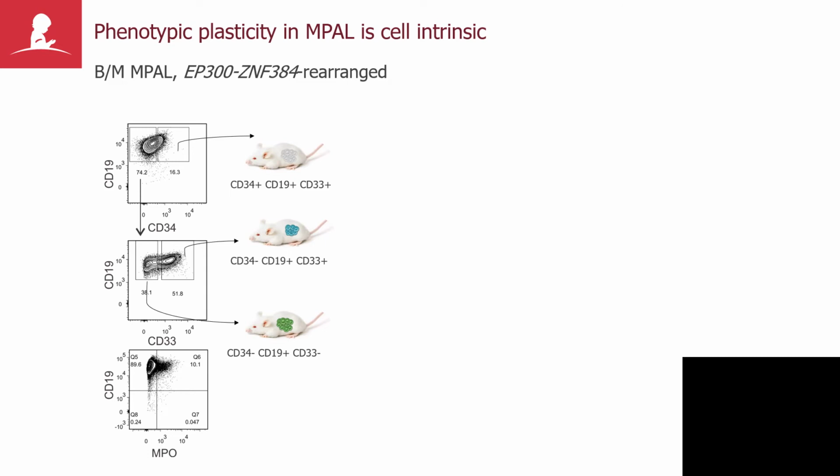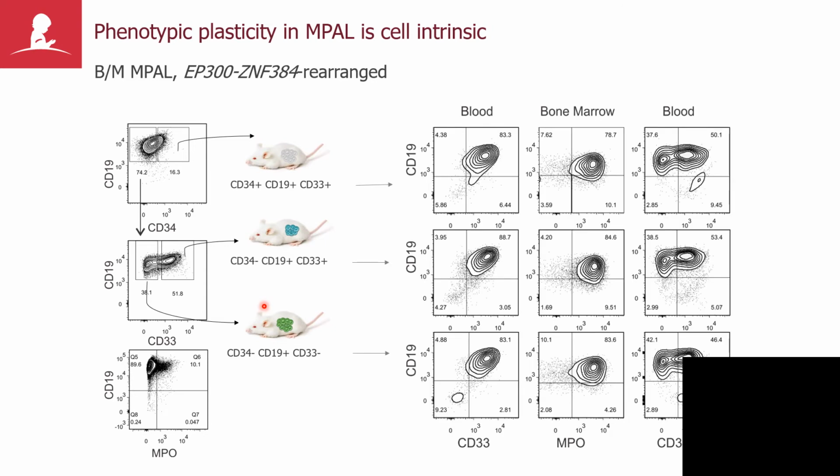And so we performed several approaches to try and address this. The first was a genomic one where, for example, we took a number of cases and flow sorted subpopulations and sequenced them to see if there were differences in their genetic makeup, and really there weren't, that basically the lesions were the same regardless of the immunophenotype of a subpopulation within a single case. A second related approach to this was to again flow sort leukemic cells and then transplant them into immunocompromised mice and see what sort of tumor engrafted in each of the transplanted recipients.